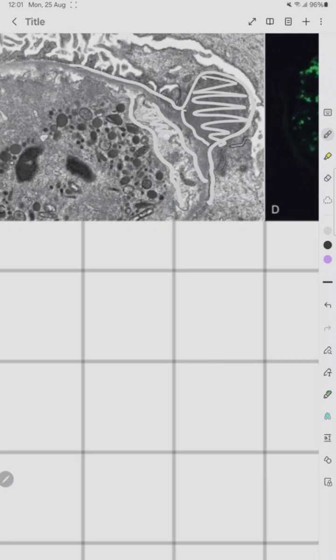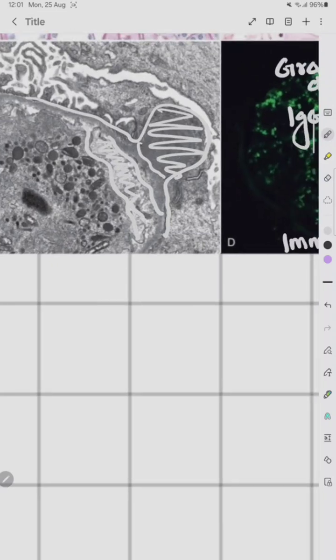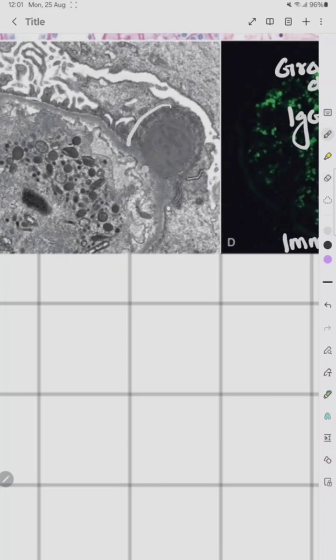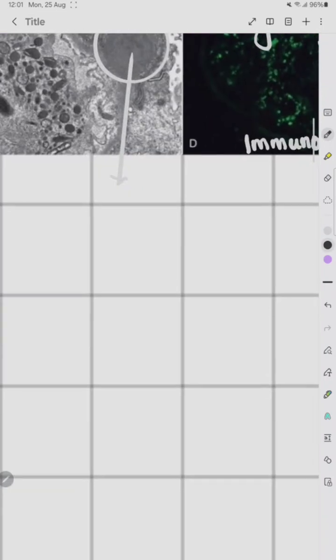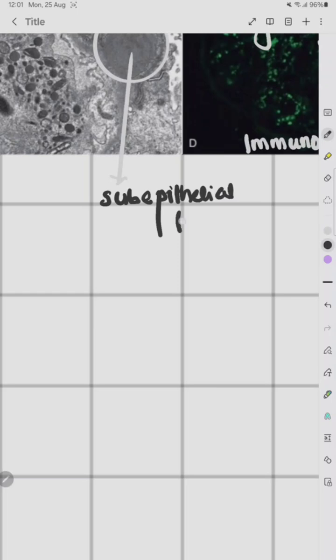This is the endothelial space. This is the subepithelial space, and these are the visceral podocytes. This is the part where you have to focus, which is the subepithelial hump. These are electron dense deposits.